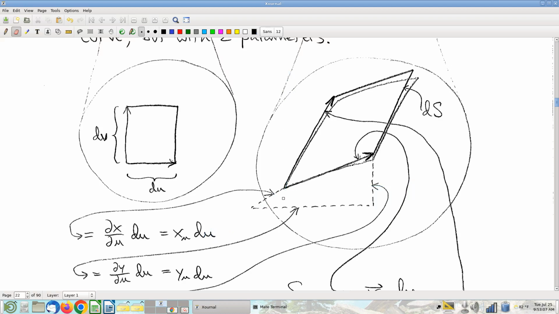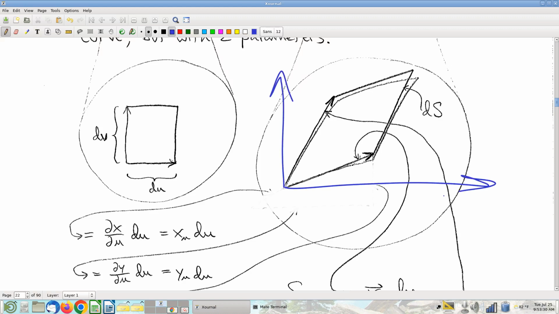But the difference is that in 2 dimensions, if this was a 2-dimensional change of variables, there are only 2 coordinates. And so this part of the picture just disappears, and now we're looking just at something in 2 dimensions only, and here's a little piece of area that we want to understand.